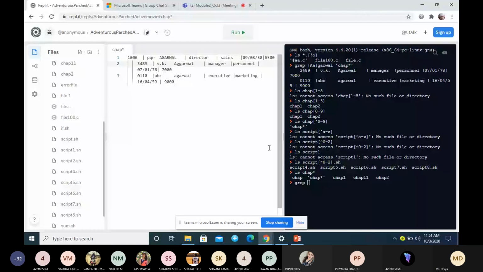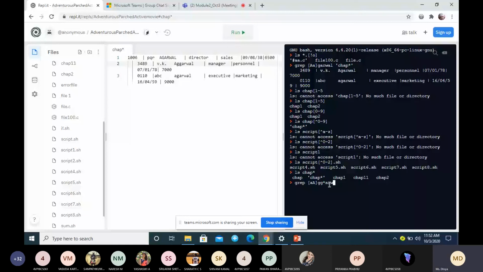Grep, the first letter should be either small or capital A. Next, it can have G. Next character should be G, or it can have zero or more occurrence of the G. And next one is A, then I can write R, W, A, L.